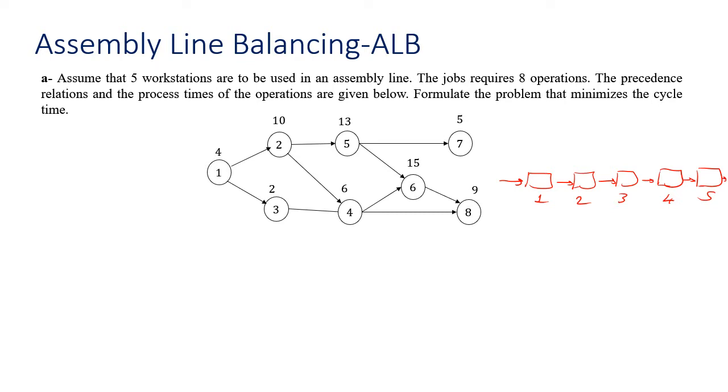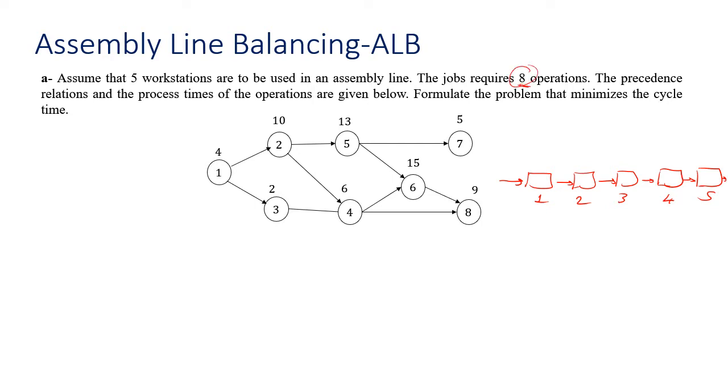This is how an assembly line works, and in this example there are 5 workstations. And it says that the jobs to be processed in this assembly line require 8 operations.